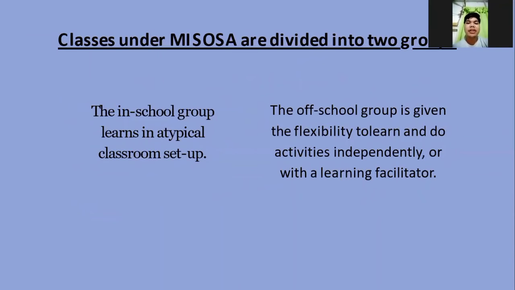So there are two groups under the MISOSA. First is the in-school group. This is a typical classroom setup. The students are in school in a classroom setting. Next is the off-school group.